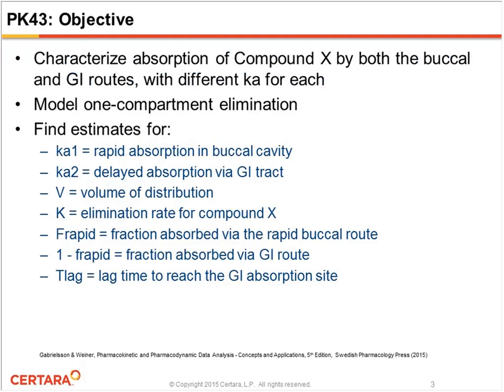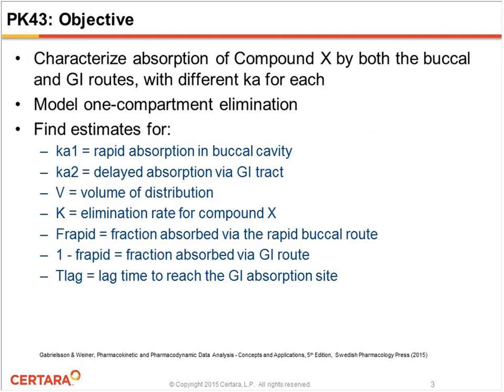So what's the objective? The objective is to characterize the absorption of the analgesic by both the buccal and GI routes with a different rate of absorption, Ka, for each, model one-compartment elimination, and then find estimates for the following PK parameters. Ka1 is the rapid absorption in the buccal cavity. Ka2 is the delayed absorption rate via the GI tract.